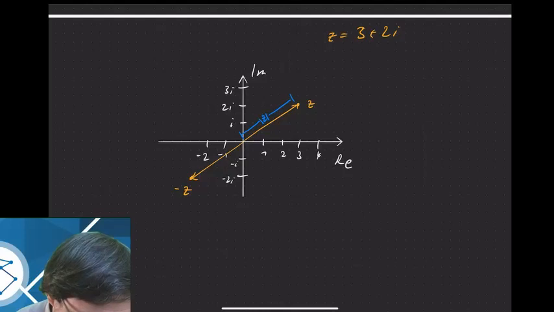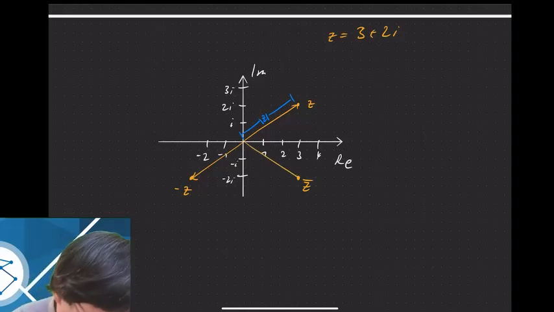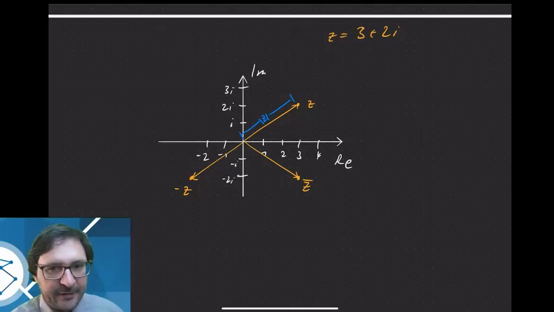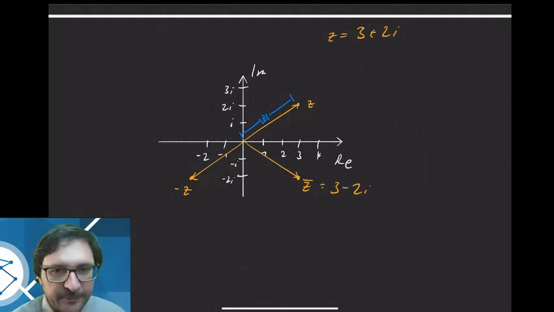So that has the same real part, but negative imaginary part. So here that is Z bar. Okay, that's the complex conjugate of Z, 3 minus 2i.